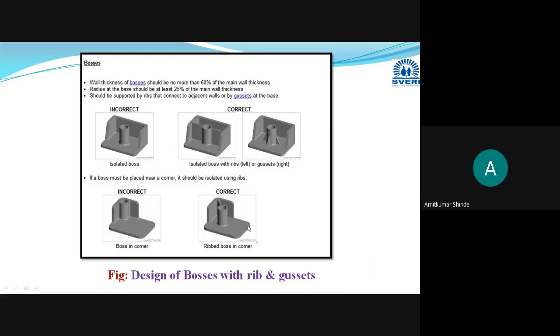Okay, this is the correct diagram. In this diagram, you have to use a rib. One rib should be provided at the corner to increase the strength of that boss, and to improve the flow of the molten plastic material during the molding process. These ribs and gussets are used.